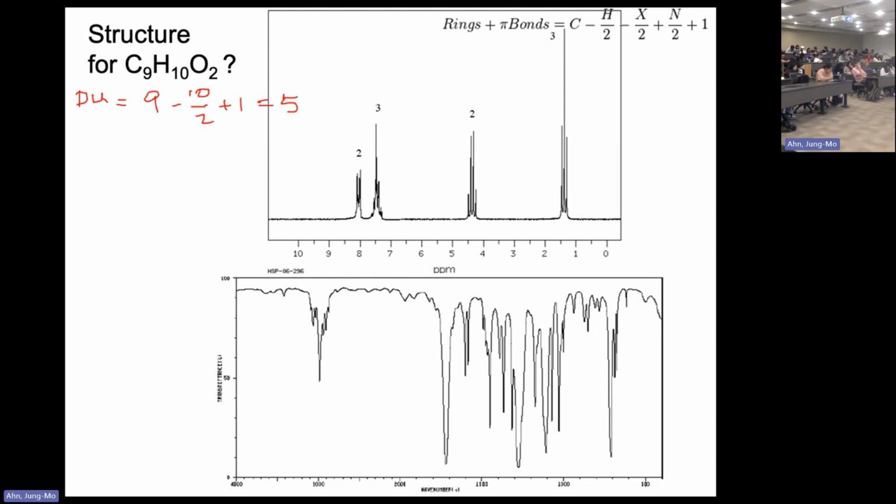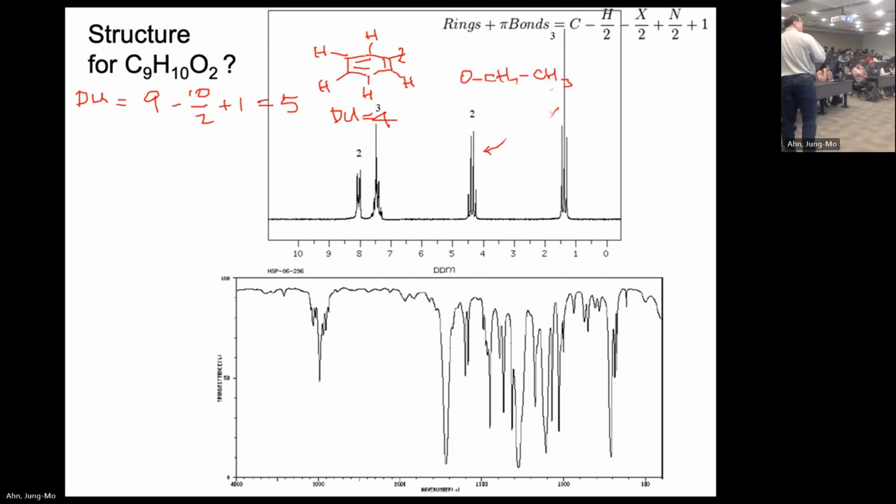And then you see 7 and 8, and there are 5 peaks here. So that says that you have the benzene. Benzene makes up 4 degrees of unsaturation. So we have 1 degree of unsaturation we still have to figure out. So this one must be the benzene with the 5 hydrogens. How come I was able to say 5 hydrogens? Because the integration was given as a number. These peaks combined have 5 hydrogens, right? So that's why I can say it's a benzene with 5 hydrogens.